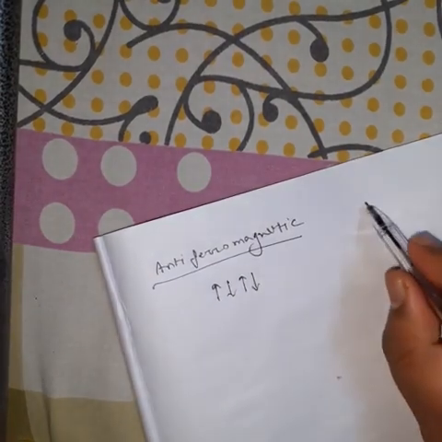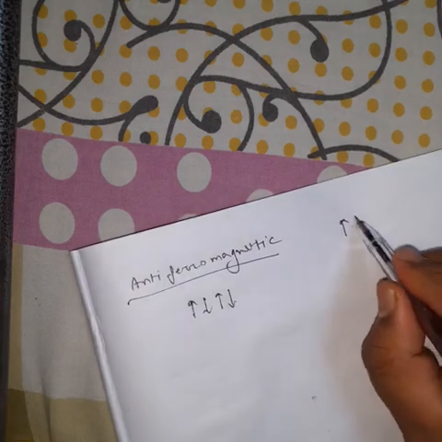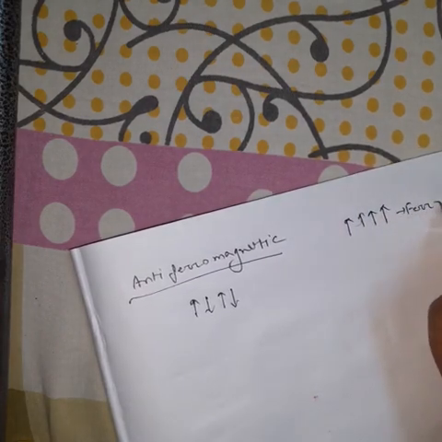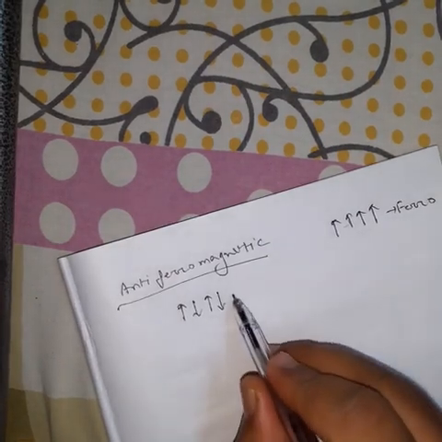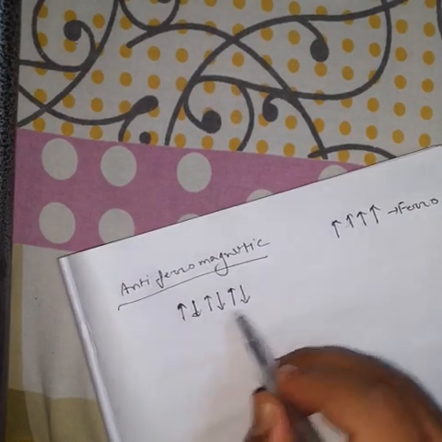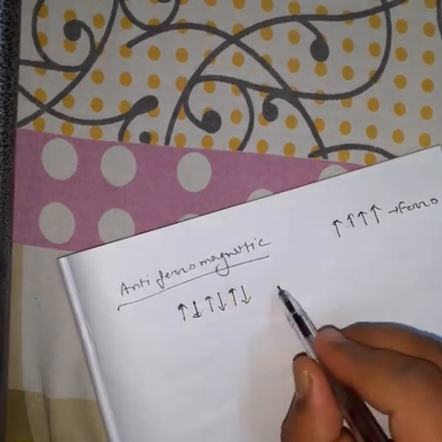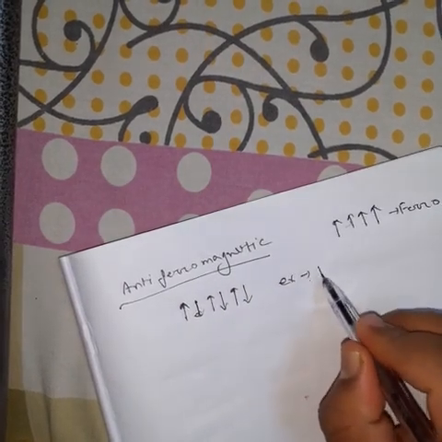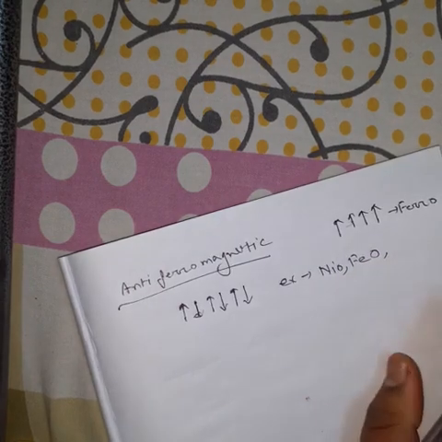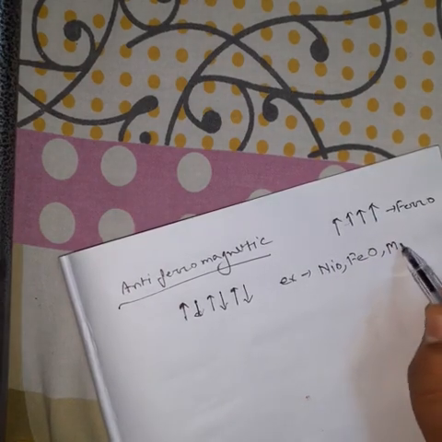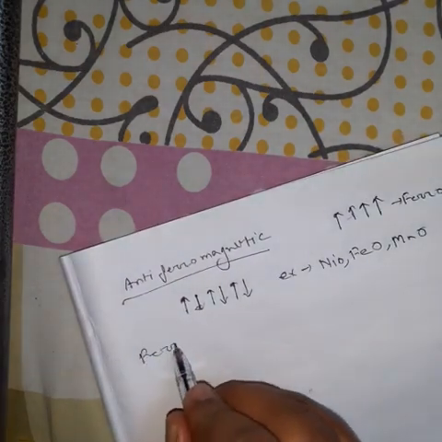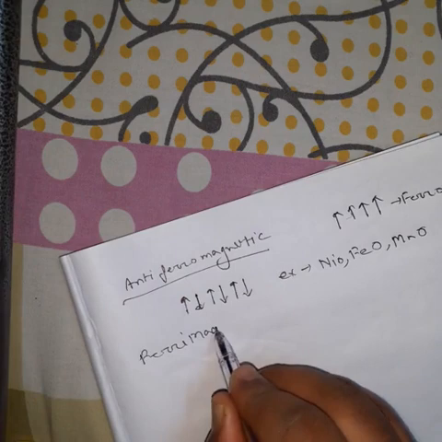In the case of ferromagnetic material, I have all the dipoles in the same direction. But for antiferromagnetic, one is in this direction, another is in the opposite direction. So this is called antiferromagnetic material. Examples are nickel oxide, iron oxide, manganese oxide.